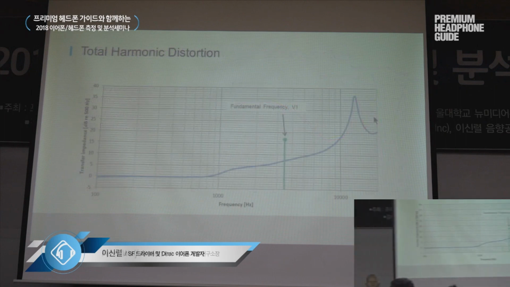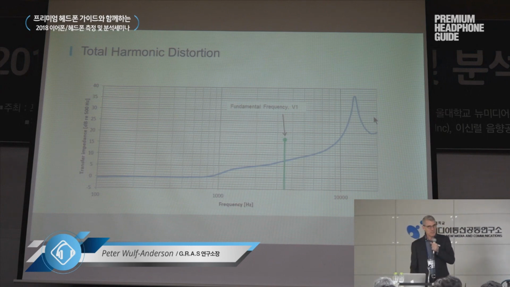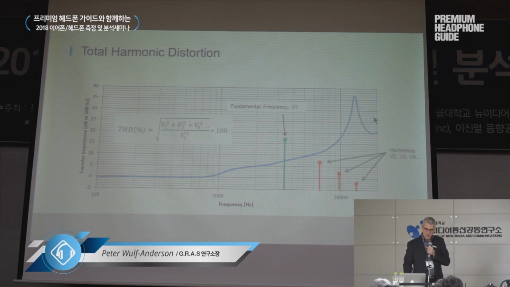I mentioned also that removing this high Q resonance in the coupler also helps on your THD measurements. Normally when you do a THD measurement, you would expect that the fundamental would be, of course, very high, and then the different harmonics would decrease the higher the number.